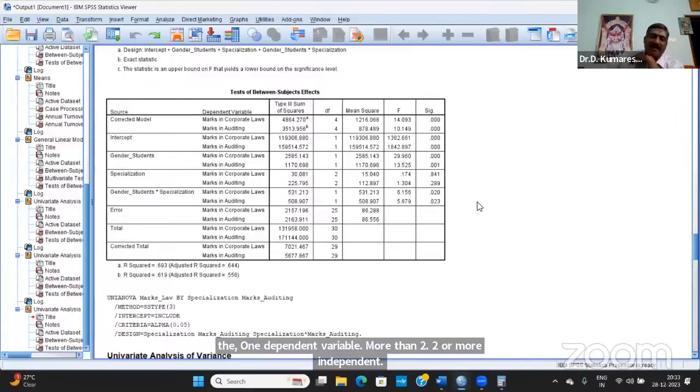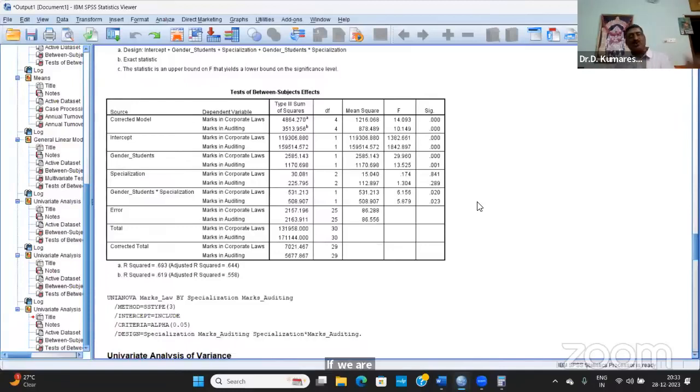Instead of performing separately, even the two-way ANOVA can be done as one-way ANOVA separately for each independent variable.